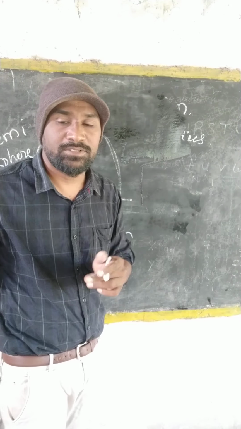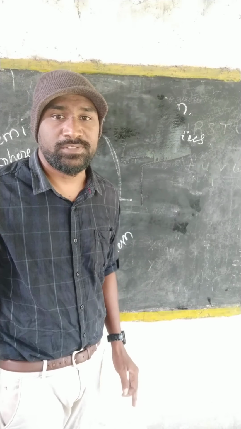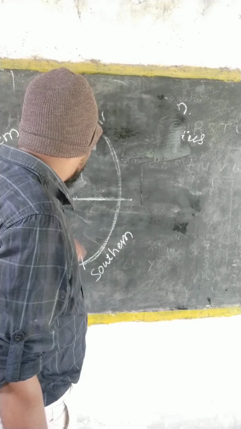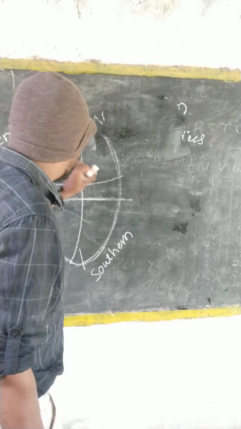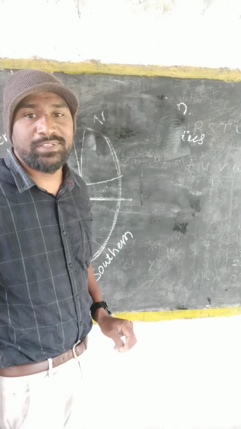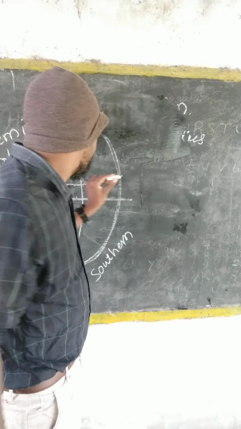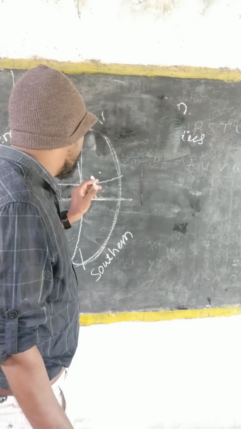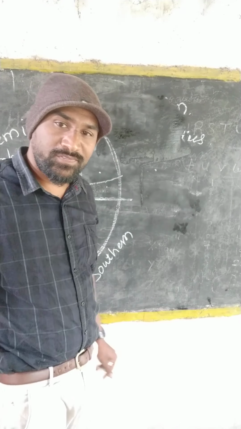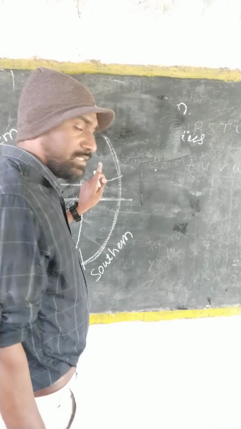Everyone can observe this easily with the textbook in front of them. Those lines we call longitudes and latitudes. With the help of longitudes and latitudes, we can easily know where the exact place is located. That is why, as our topic is Indian relief features, India is located in the northern hemisphere.